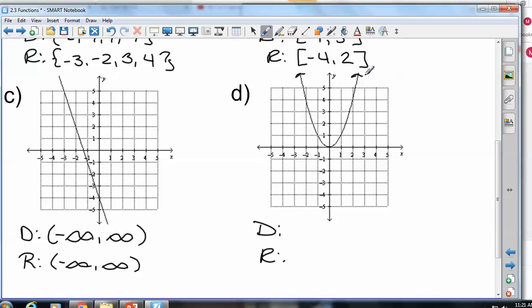As we keep going, this parabola is just going to keep spreading out. So there's no smallest or largest. It will eventually hit everything. Okay, your range. There is a lowest value. This starts at 0. It hits 0, so that gets a bracket. And does it ever stop going up? So 0 to infinity. Questions there?